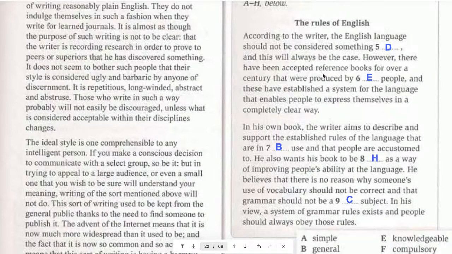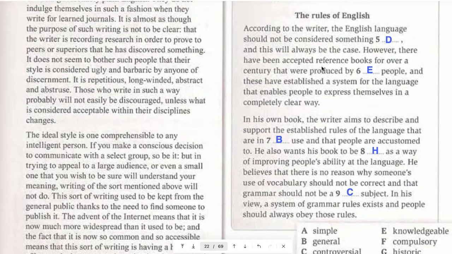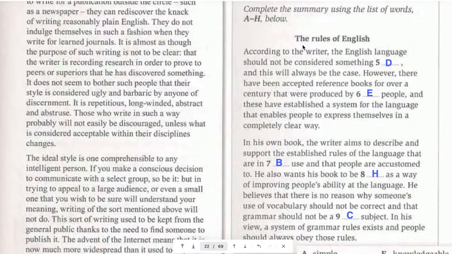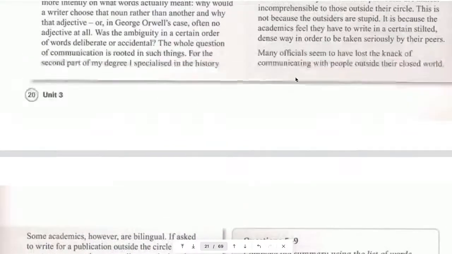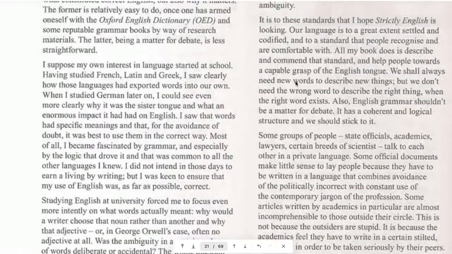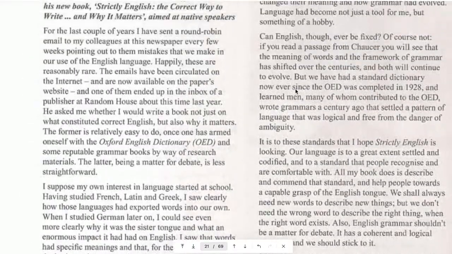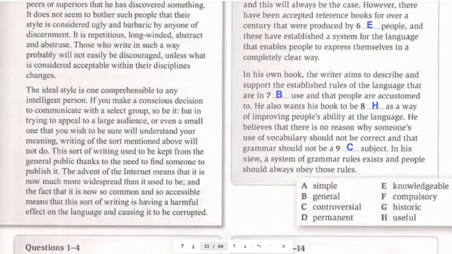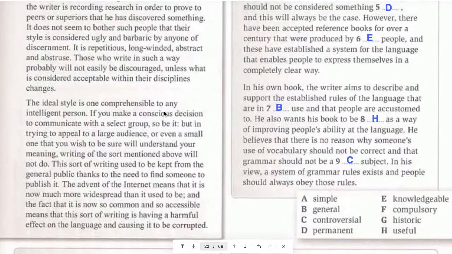Yeah, that's correct. And first of all, you need to read a few sentences here. Now we know that we are reading something about the rules of English, and what you need to do is to look for the place, the location in this reading passage, and then figure out where you should read carefully.